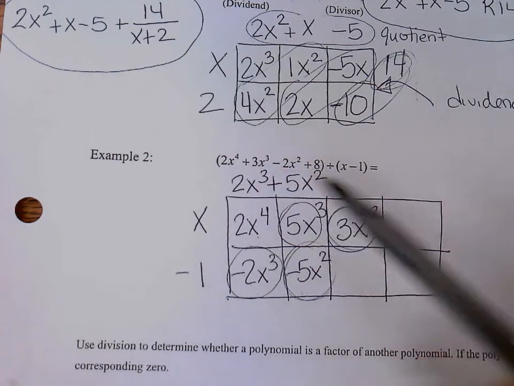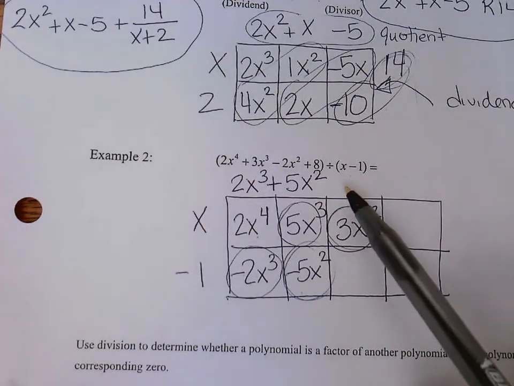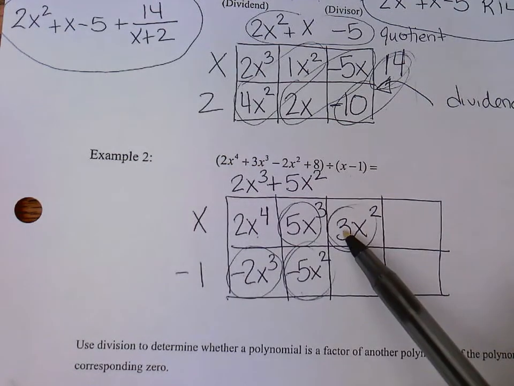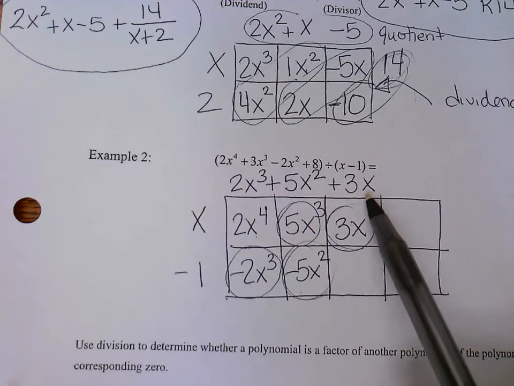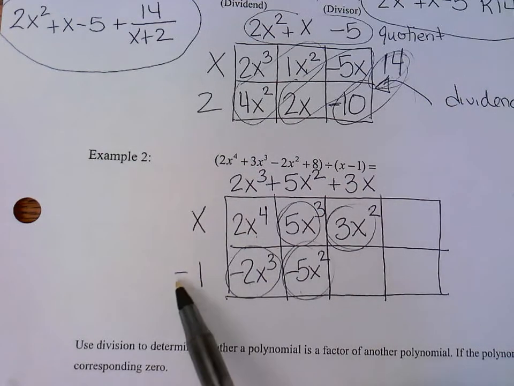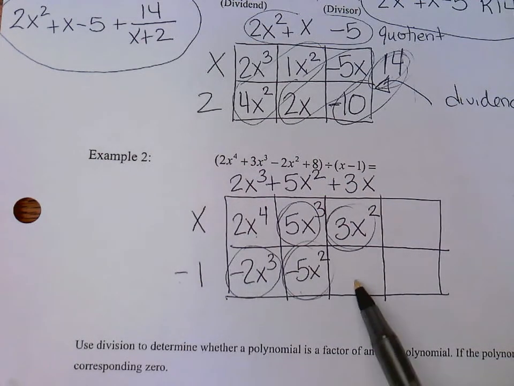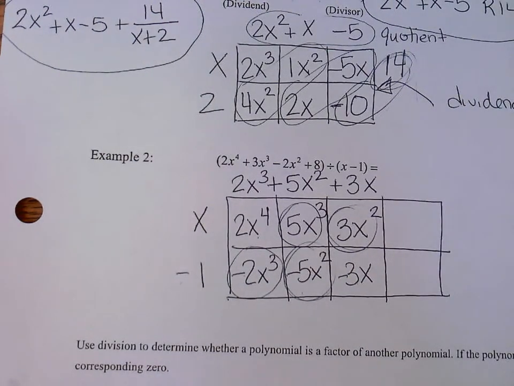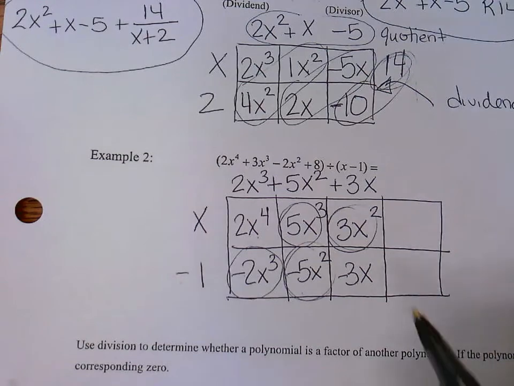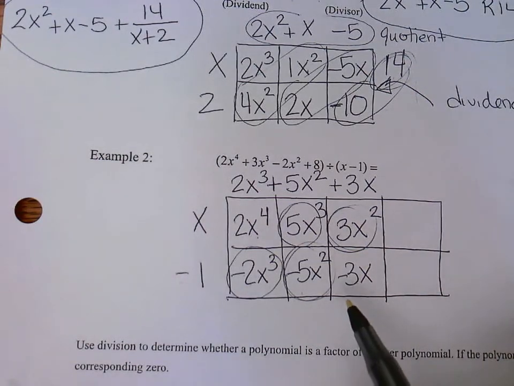Now I do the outside of the box. What times x is 3x squared? Plus 3x. So 3x times -1 is -3x. I've got to go another box, right? So let's see, I need how many? Oh, this is a good tricky one.